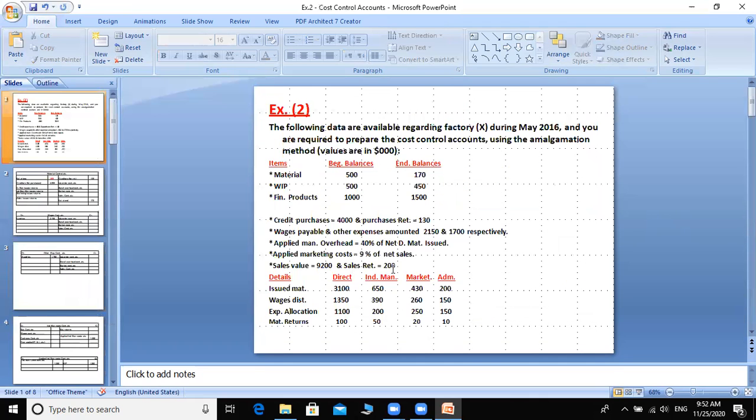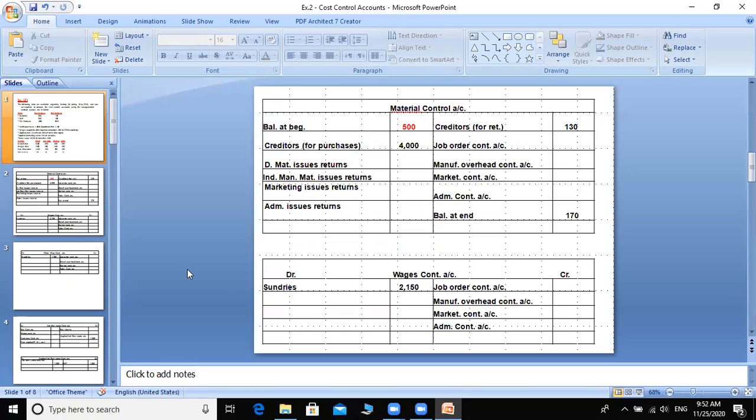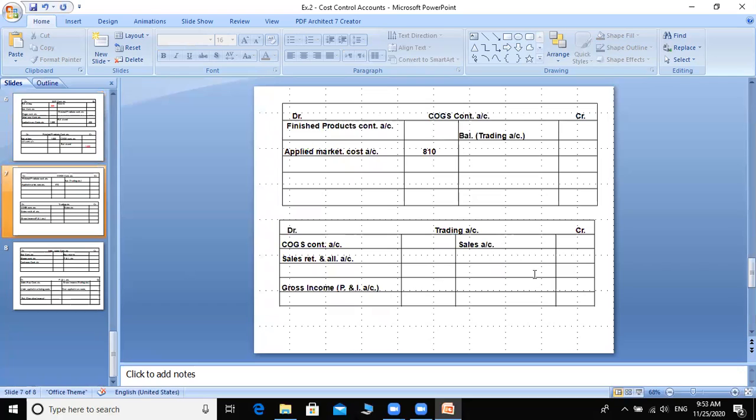Now, sales value and its return. Where can I affect? Sales value will be recorded in the trading account and the sales return will be recorded in the trading account. As he didn't tell me if are cash or not, so I haven't to do anything with it. So sales and sales return, the trading account, here is sales 9,200 and sales return in the other side and allowances 200.